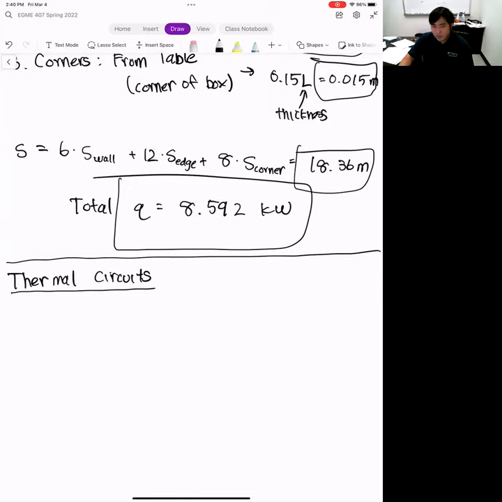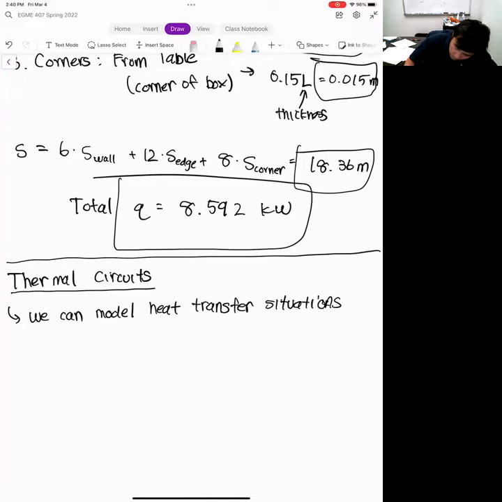Thermal circuits is something we've been working with since almost the beginning of class. Thermal circuits leverage the idea that we can model heat transfer situations using electrical circuits, in particular purely resistive circuits.